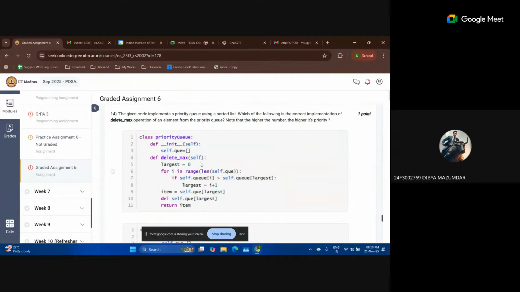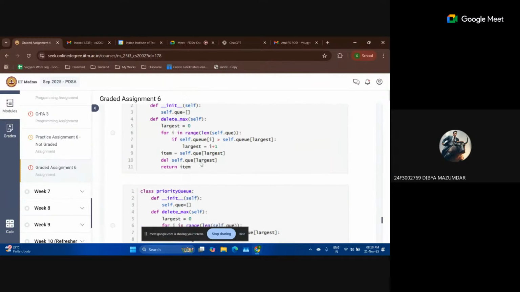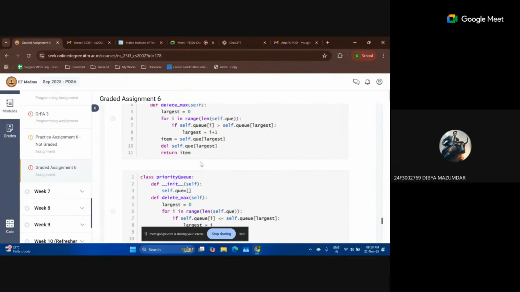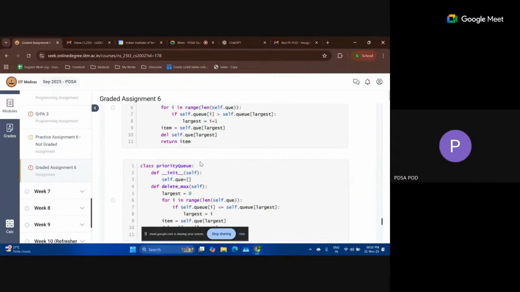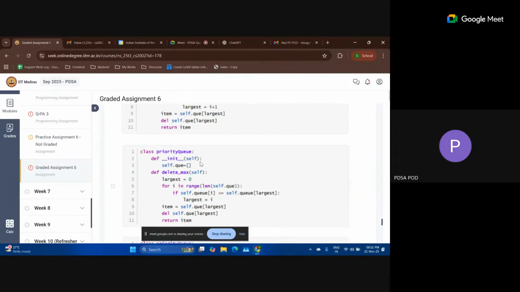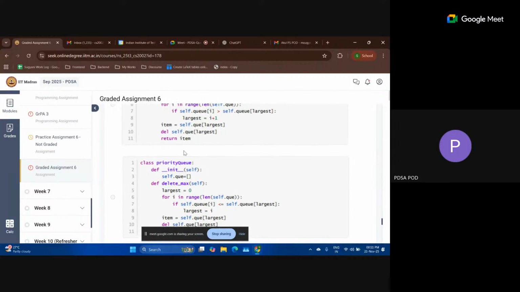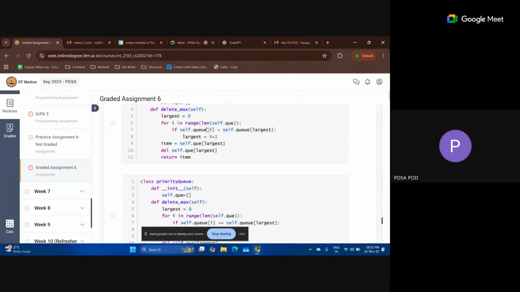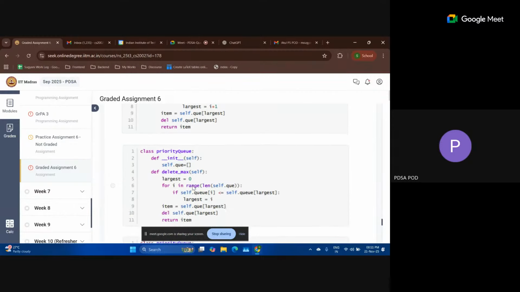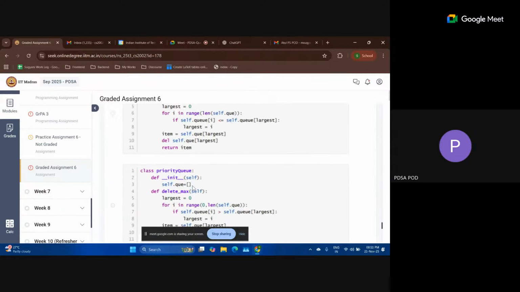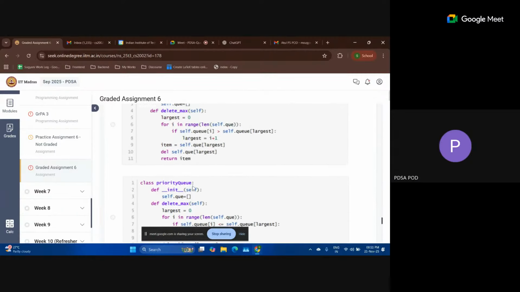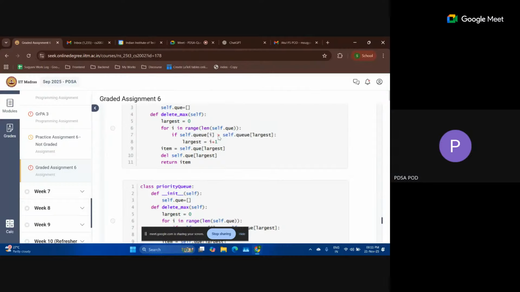Ma'am, while choosing the options, I'm getting confused between the options. Let me check. If self dot queue of... Okay, the options vary in this for loop. The only difference between the options is in this particular portion, computing the largest value.